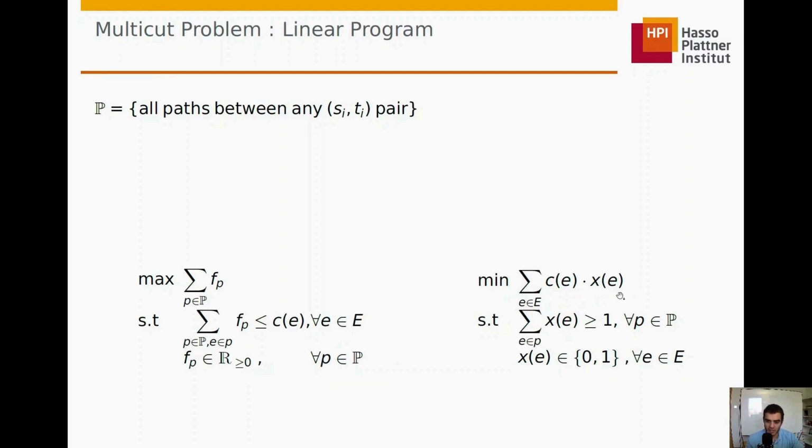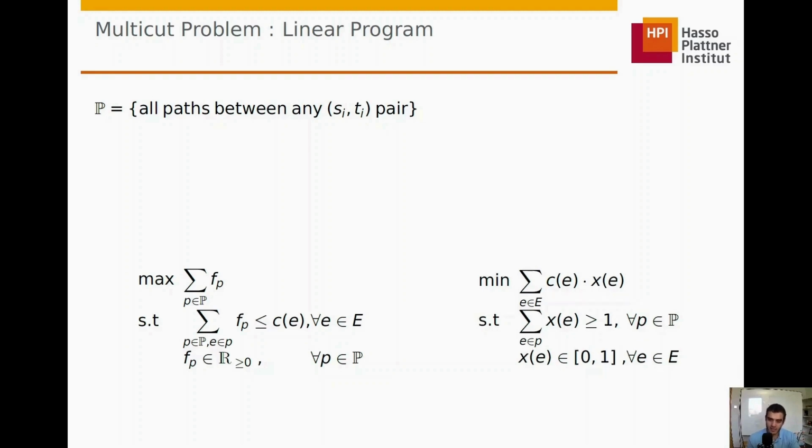X of e is our decision variable, and it can take values either 0 or 1. And this constraint in the middle just means that on any path between Si and Ti, we pick at least one edge, meaning that those paths are all broken, because picking an edge is equivalent to just removing it from the graph.